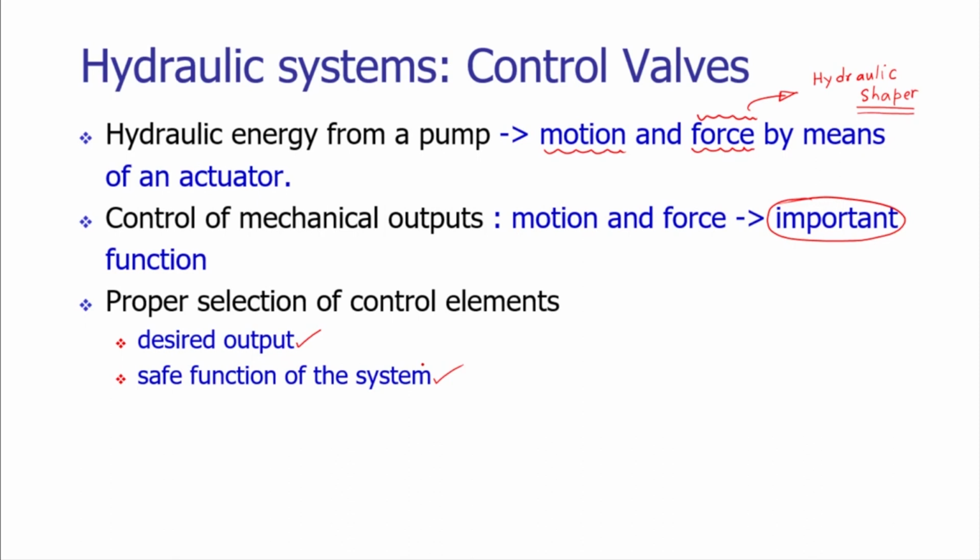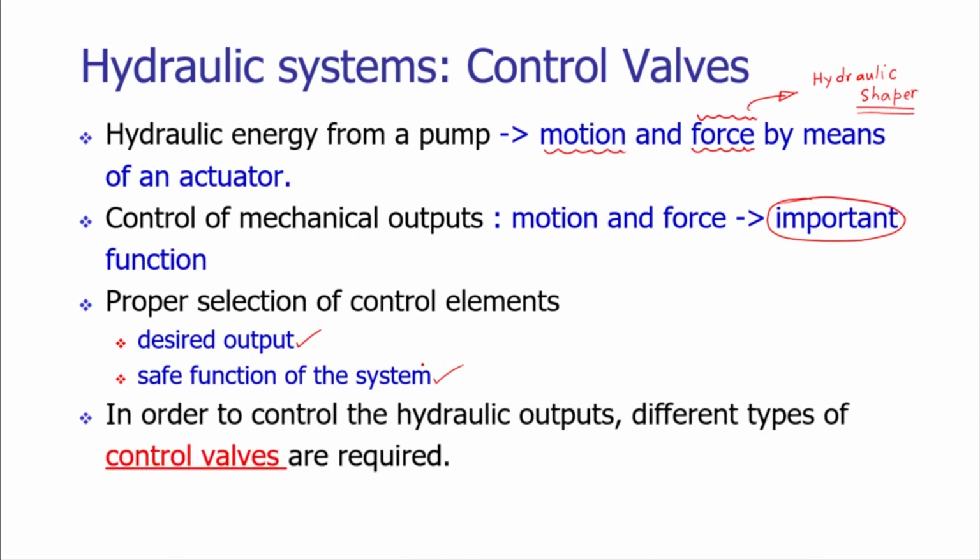The safety and the desired output, these two are the essential requirements that must be considered during the proper selection of these control elements. The fundamental control element in the hydraulic system is the hydraulic valve itself.